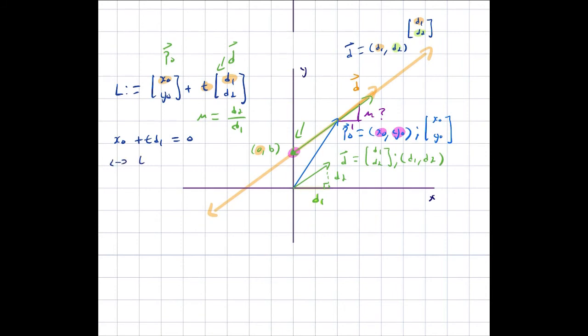This happens if and only if t times d1 is negative x0, if and only if t is equal to negative x0 divided by d1. That is the t that makes, when I add that t multiple of d, the direction vector, to the position vector, that gets my x-coordinate to be equal to 0.